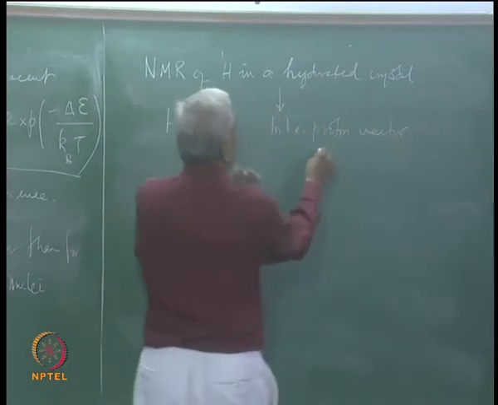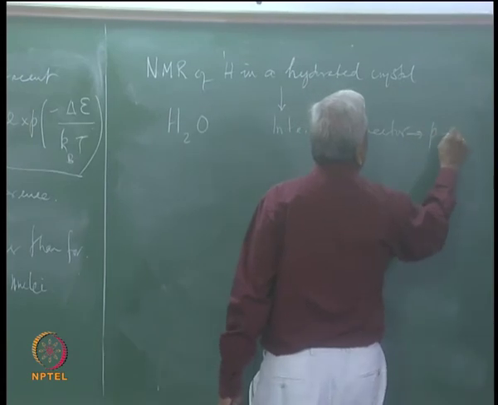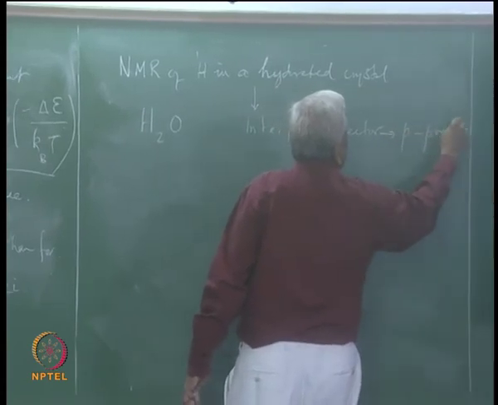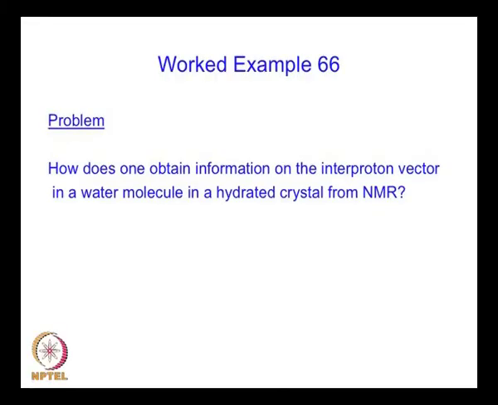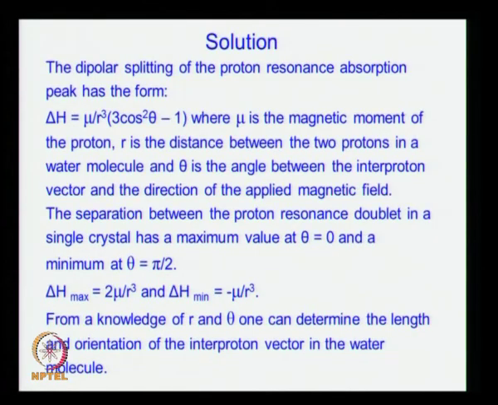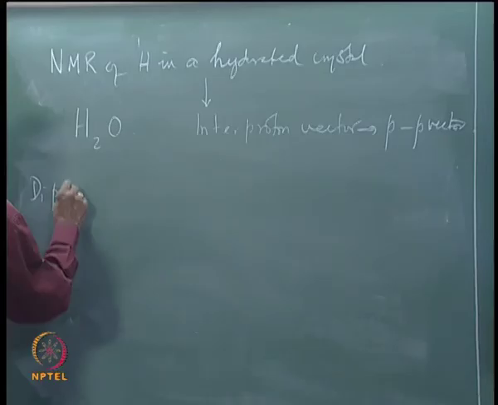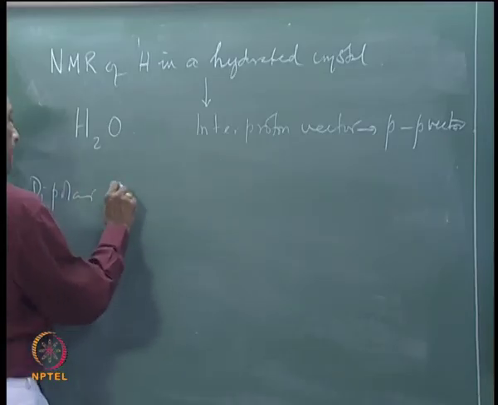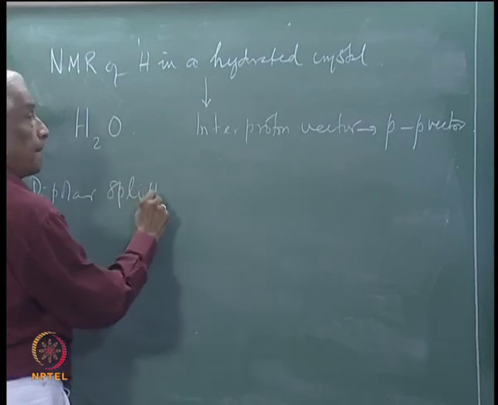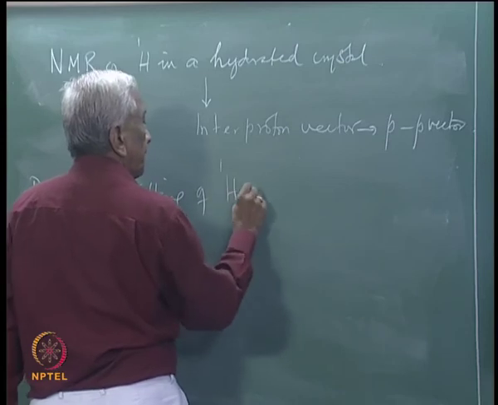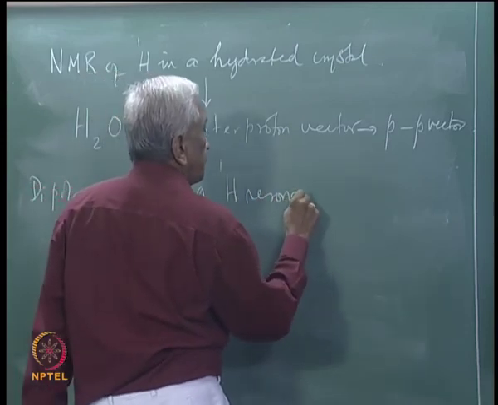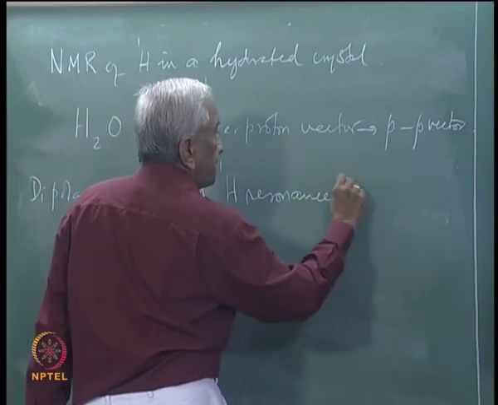It is usually called the PP vector, proton-proton vector. In order to answer this, we have to start from the dipolar splitting of the proton resonance in water.